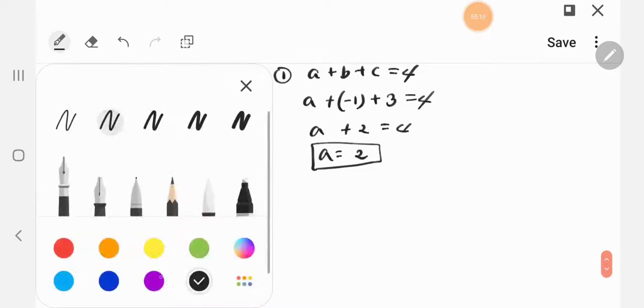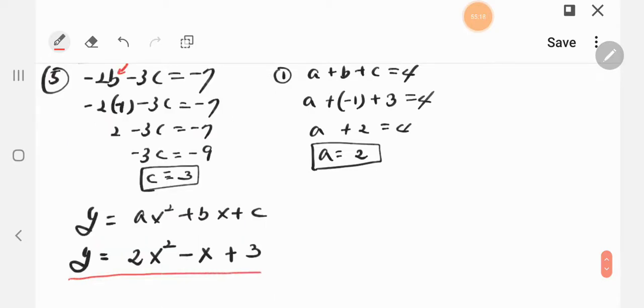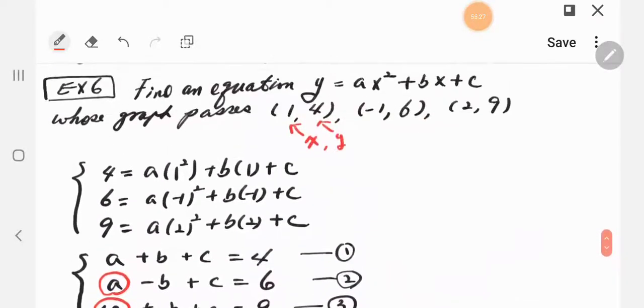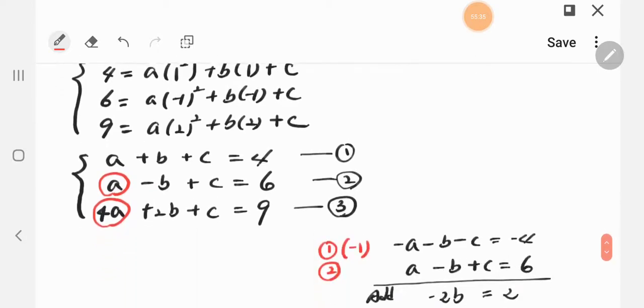So that's the equation of the parabola. When you solve this one, it's really simple. Replace the x values and y values from the 3 given points, so that we have 3 equations with 3 variables a, b, c, and then solve for a, b, c.